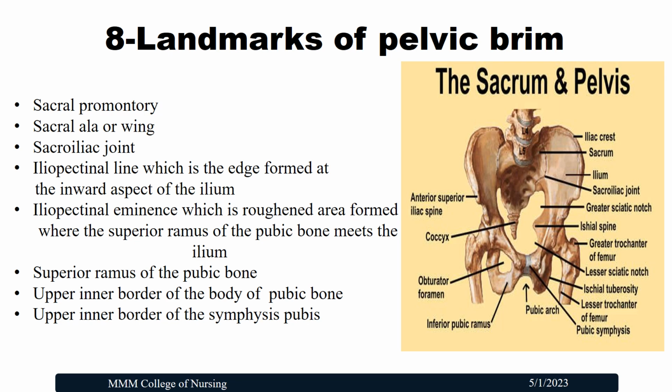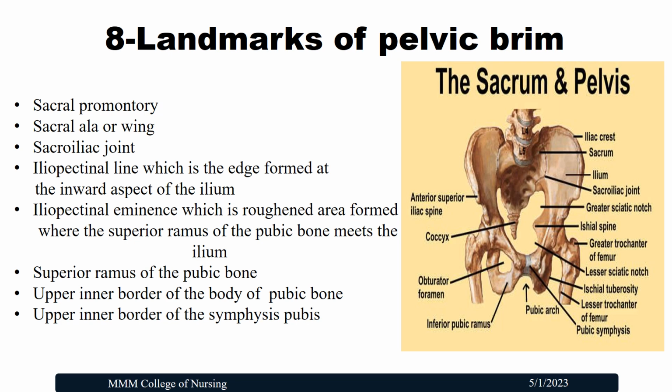Next come the landmarks of the pelvic brim. We have a total of eight landmarks of the pelvic brim: the sacral promontory, sacral ala or wing, sacroiliac joint, the iliopectineal line, which is the edge formed at the inward aspect of the ilium. You can see this is the ilium, and the inward aspect of the edge is called the iliopectineal line.